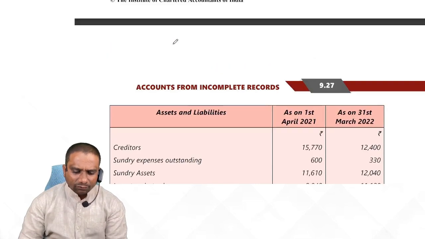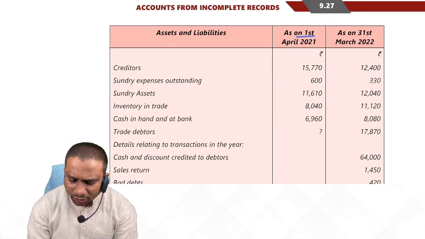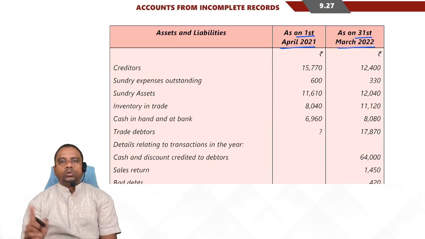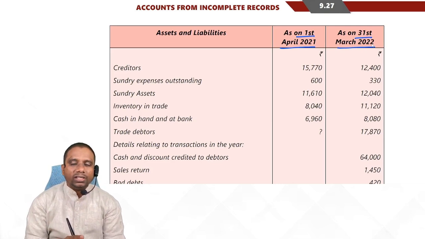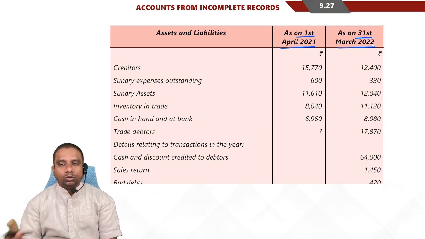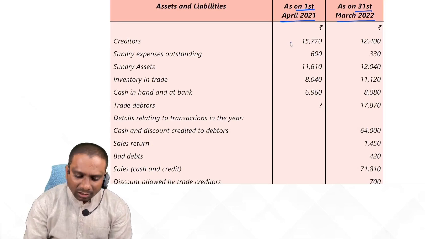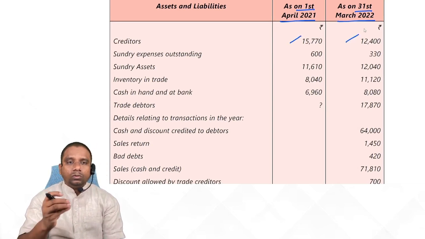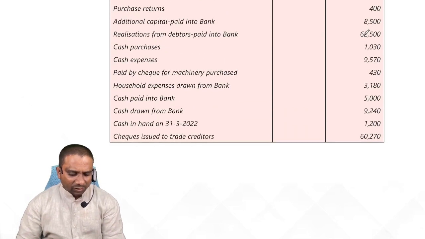Assets and liabilities information they are giving. As on 1st April 2021, opening. 31st March 2022, closing. Creditors, opening, closing. So, if they have given capital, identify capital.